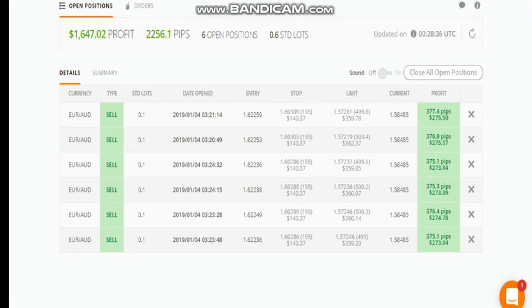This is what we have currently here. We have a EURAUD trade running at over 370 pips profit. We have already locked in 195 pips, which is around 140 US dollars. With just 0.6 standard lot risk, we are already earning around 1.6.